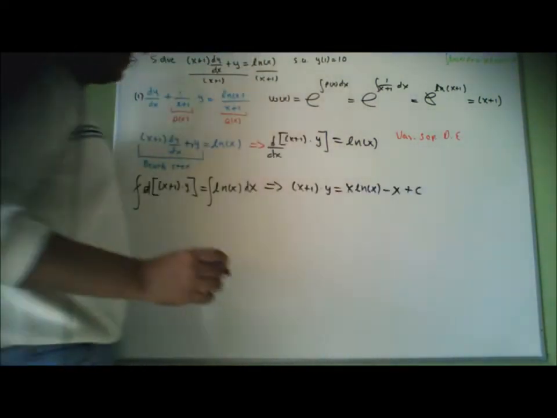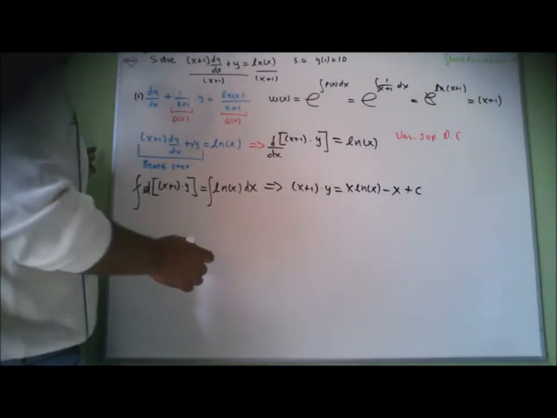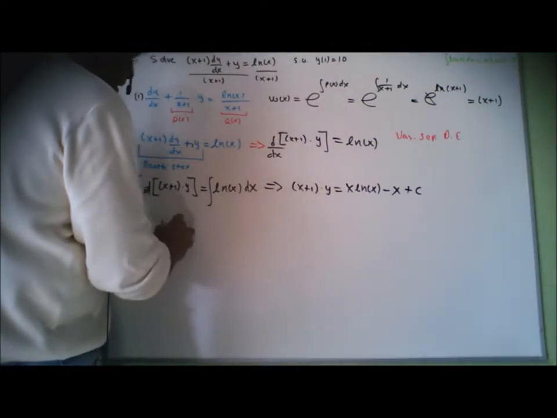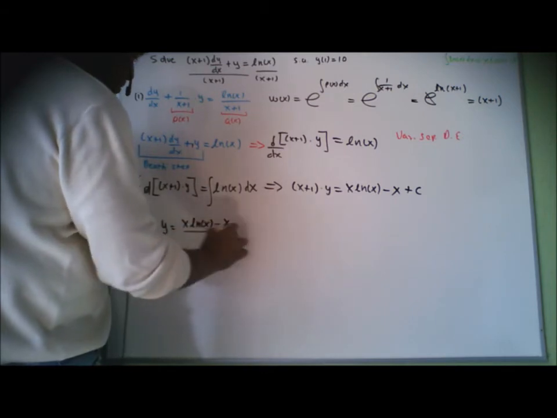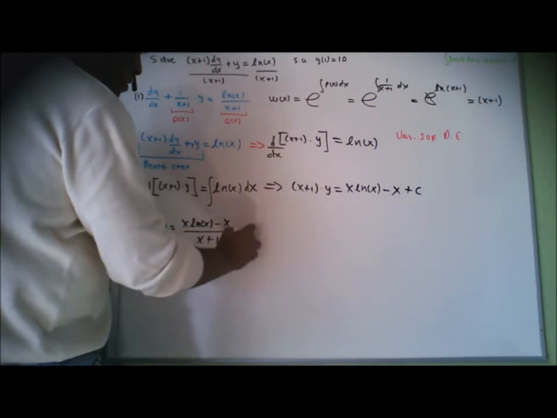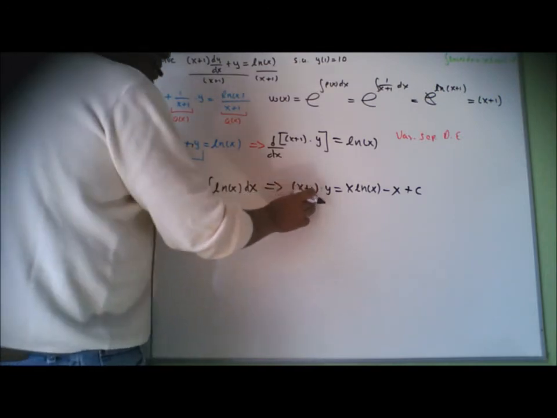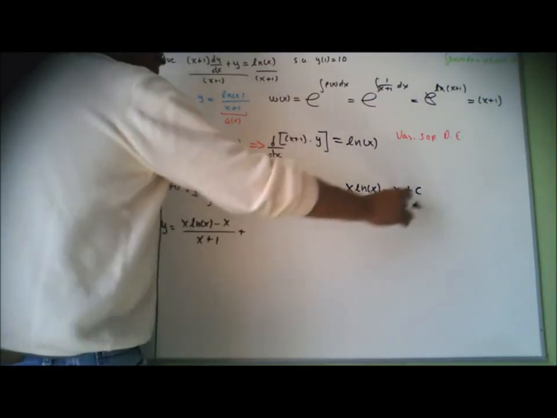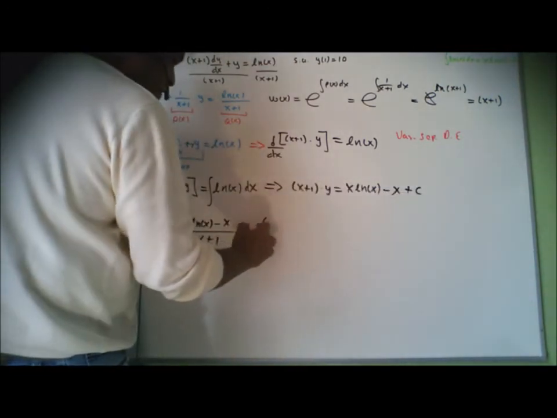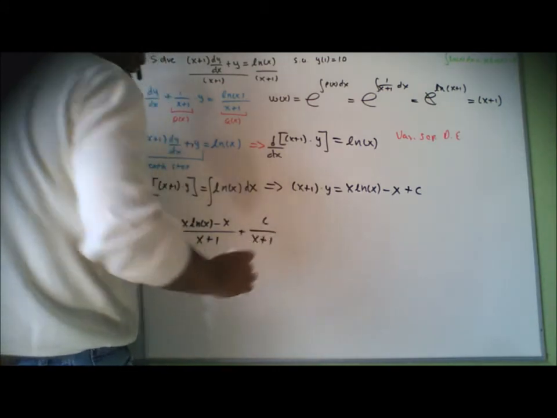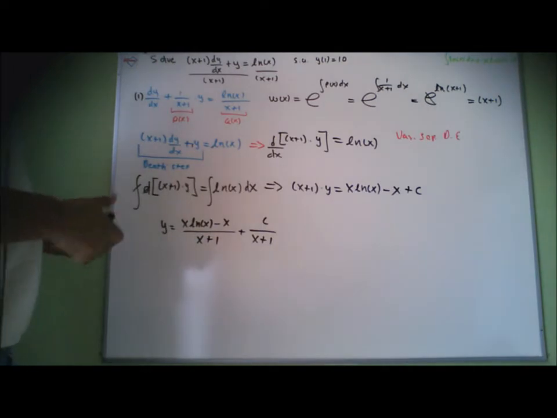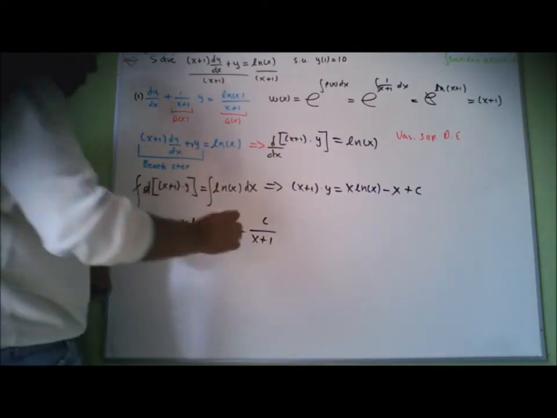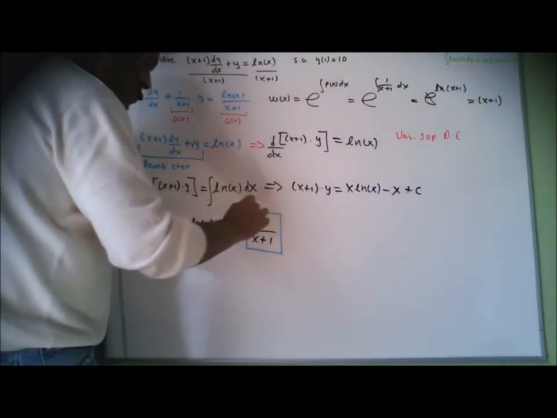Now let's clear the y. Clearing the y gives y equals x natural logarithm of x minus x over x plus 1, plus, remember that this divides this number but also divides the constant, c over x plus 1.